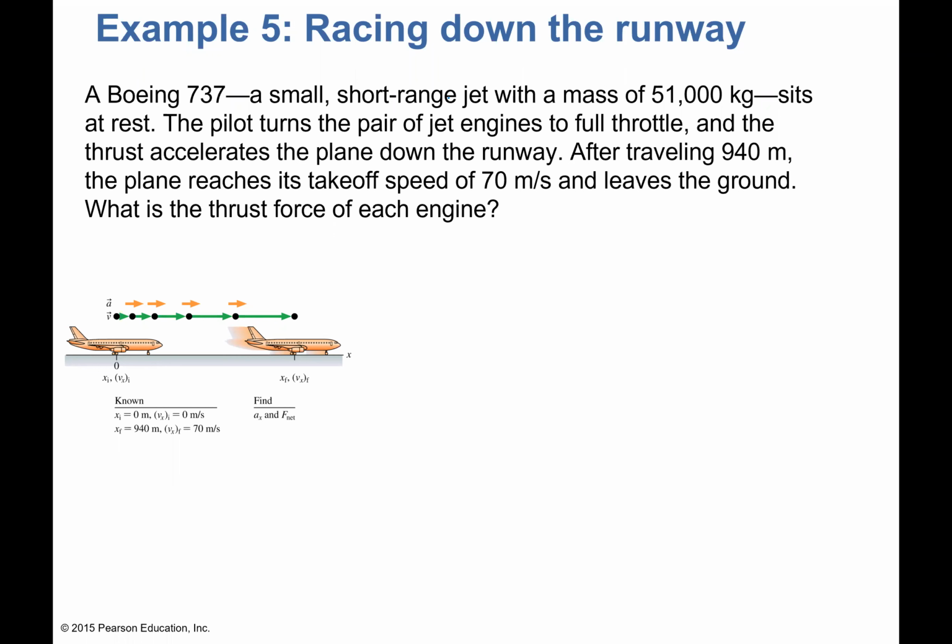The pilot turns the pair of jet engines to full throttle, and the thrust accelerates the plane down the runway. After traveling 940 meters, the plane reaches its takeoff speed of 70 meters per second and leaves the ground. What is the thrust force of each engine?